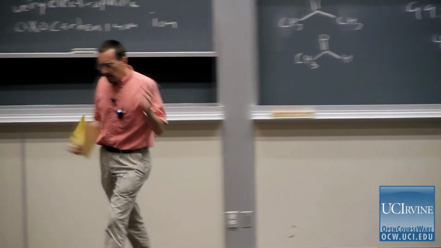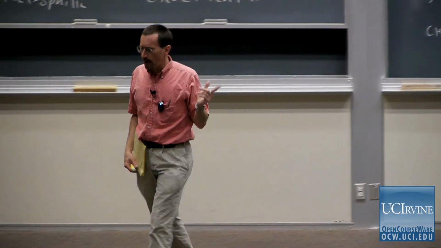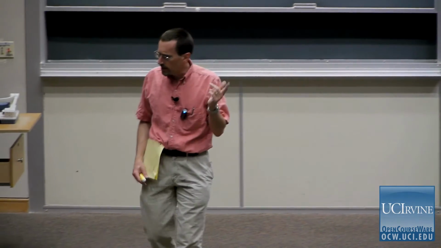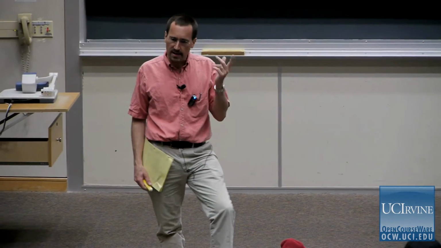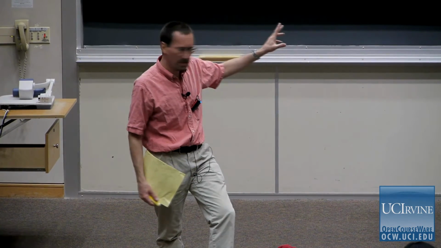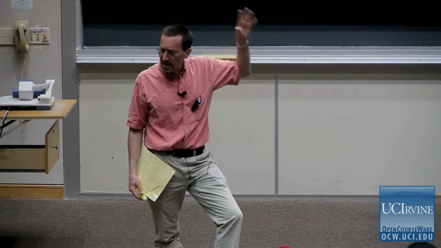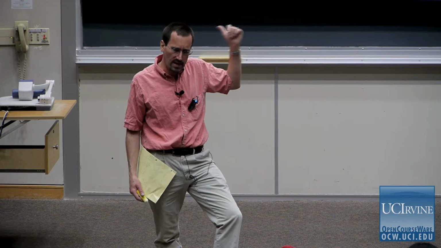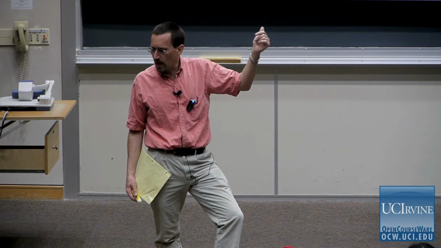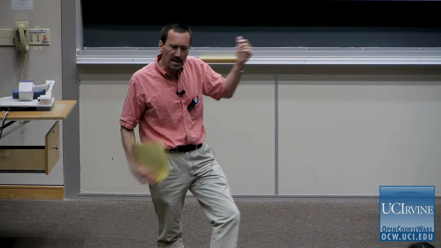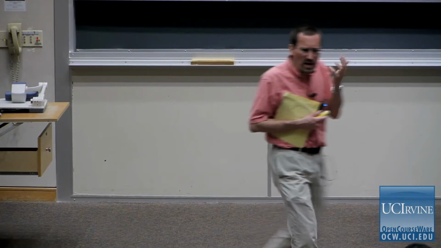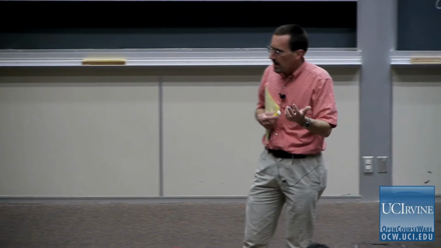Now, I look at these two numbers, and I find this really instructive to keep in my head. Not the details of the numbers, but this gist, that the acetone equilibrium's way to the left, acetaldehyde is way in the middle.